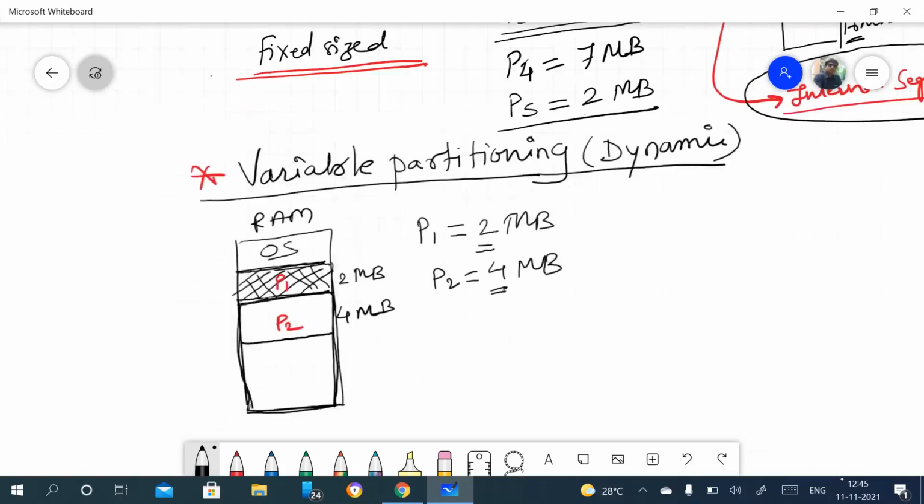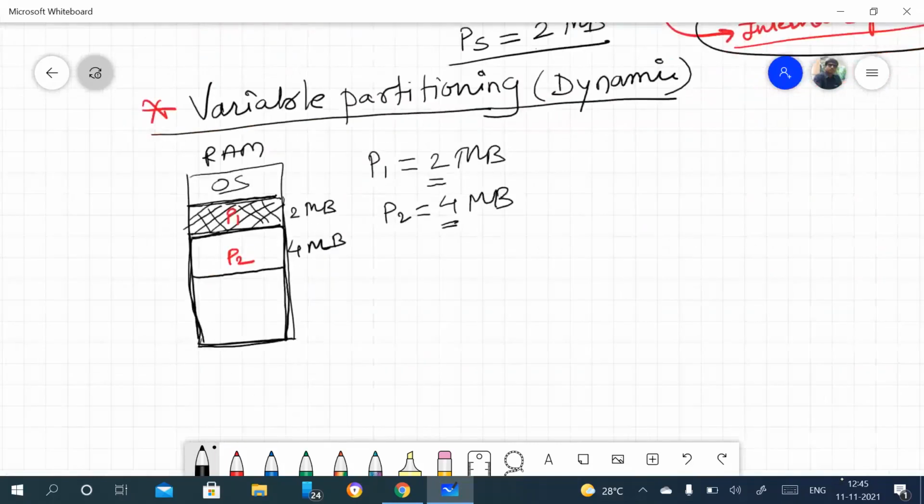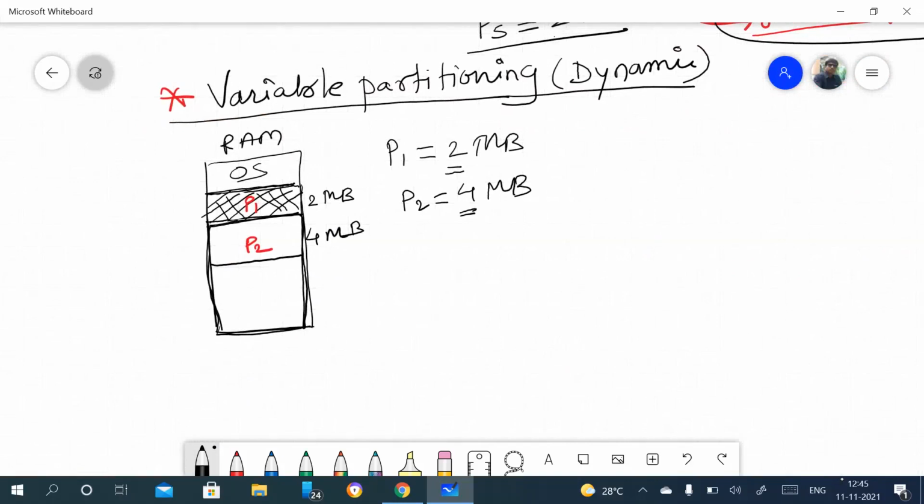In fixed partitioning, these partitions were fixed. But in variable partitioning, when a process comes, as per the need of that process we reserve that memory, so it is reserved, right?